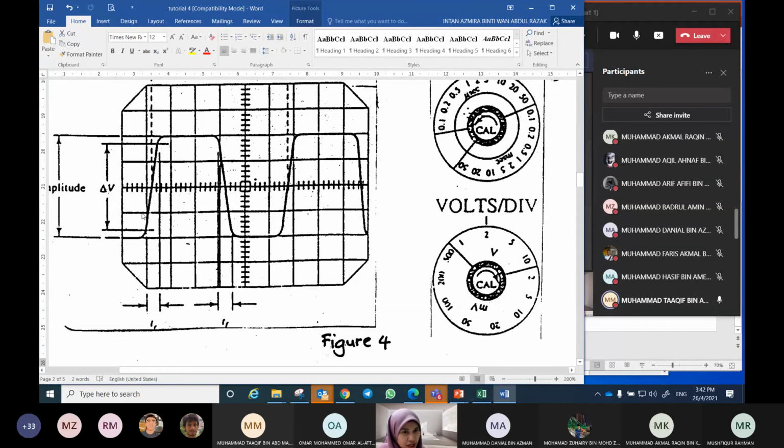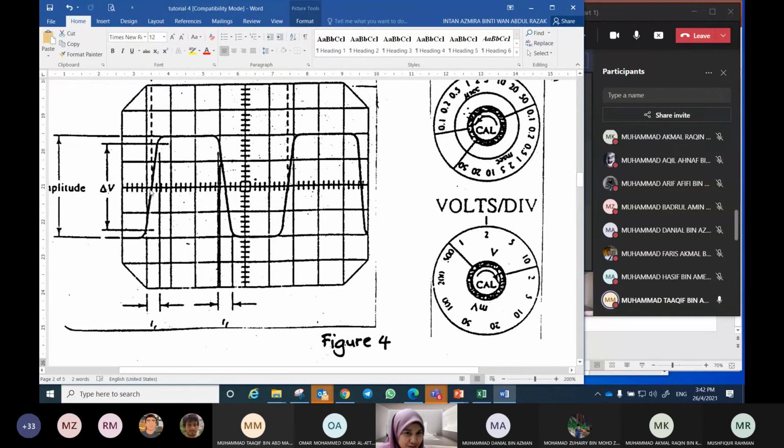Okay, because how many divisions for fall time and rise time? Since one division is 5 microseconds, each small step is 1 microsecond. So from the bottom to the top it takes 3 steps, so 3 microseconds.